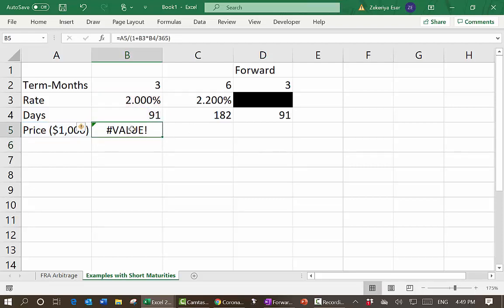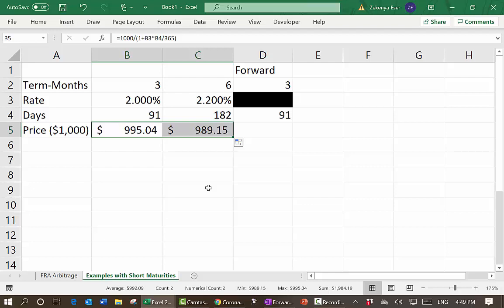So if the 3-month rate is 2%, this bond is going to trade at $995.04.